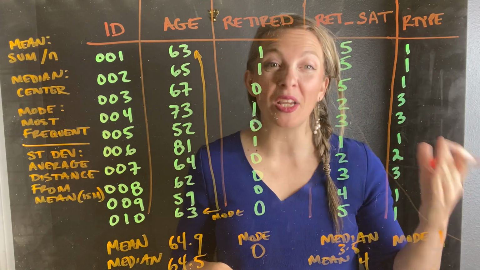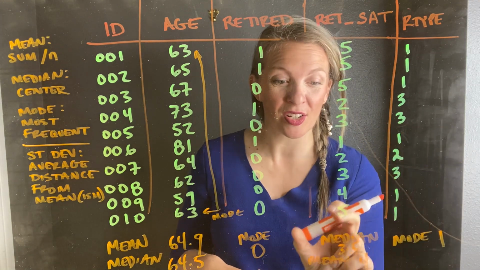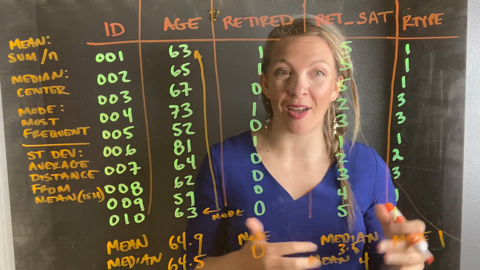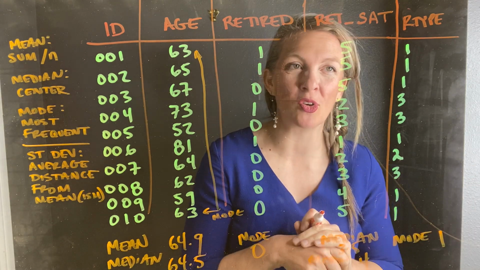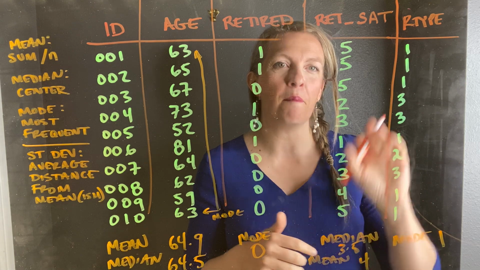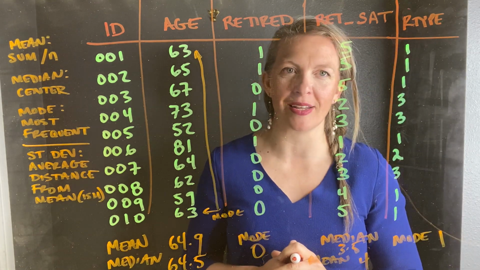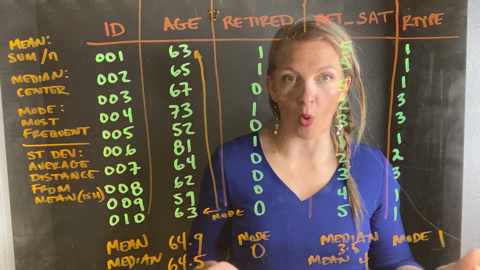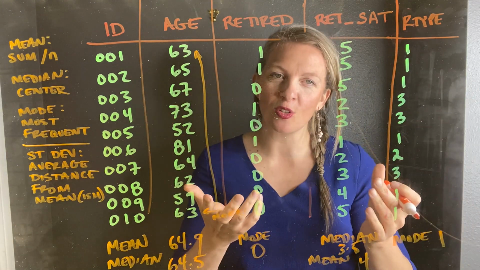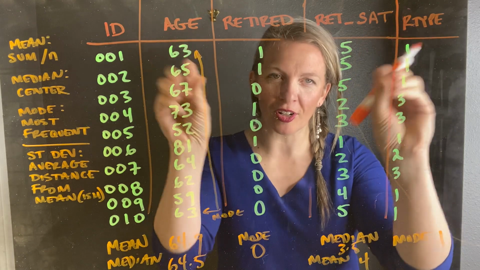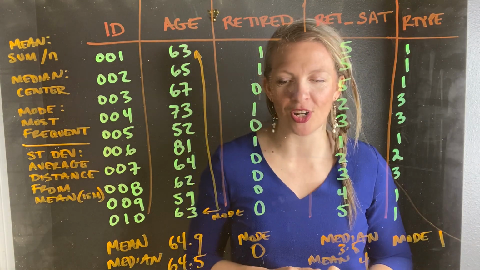In general, they're really quite satisfied with their retirement packages. We have a median of 3.5, so that's better than neutral, which would be 3. And we can say that most people in our data set, in fact, it was 60% of people in our data set, chose package 1. That helps us describe the whole data set, even if we couldn't look at each individual observation.